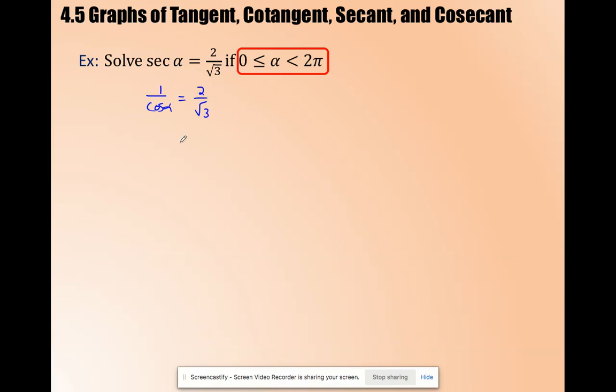I don't have a calculator, so I need to reciprocate both sides and think, who has a cosine of root 3 over 2 positive on one trip around the unit circle? That's quadrant 1 and quadrant 4. And that's pi over 6 and 11 pi over 6.